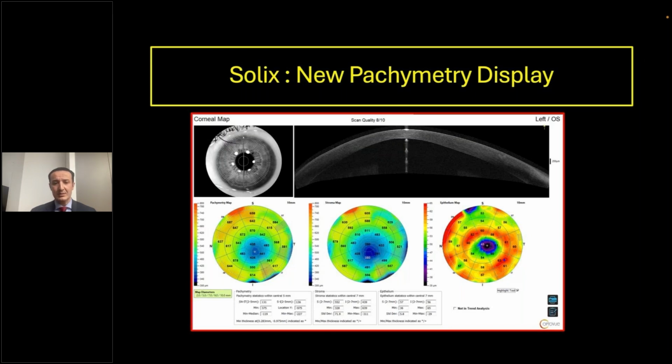And you can make this comparison between the total corneal pachymetry, stromal pachymetry, and epithelium pachymetry, and you can observe the pathognomonic shape of keratoconus, the thinning above the cone and hyperplasia donuts around the cone.